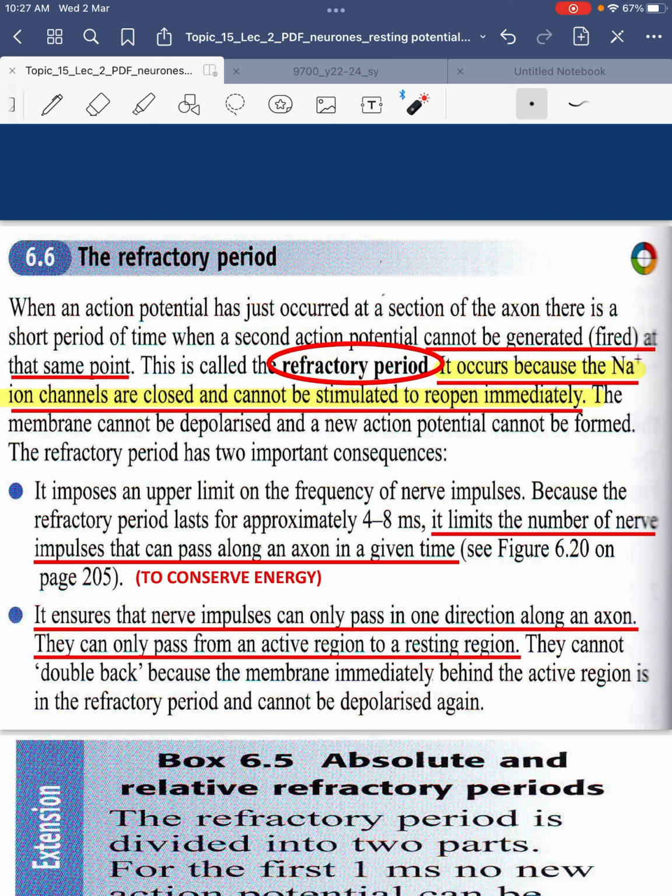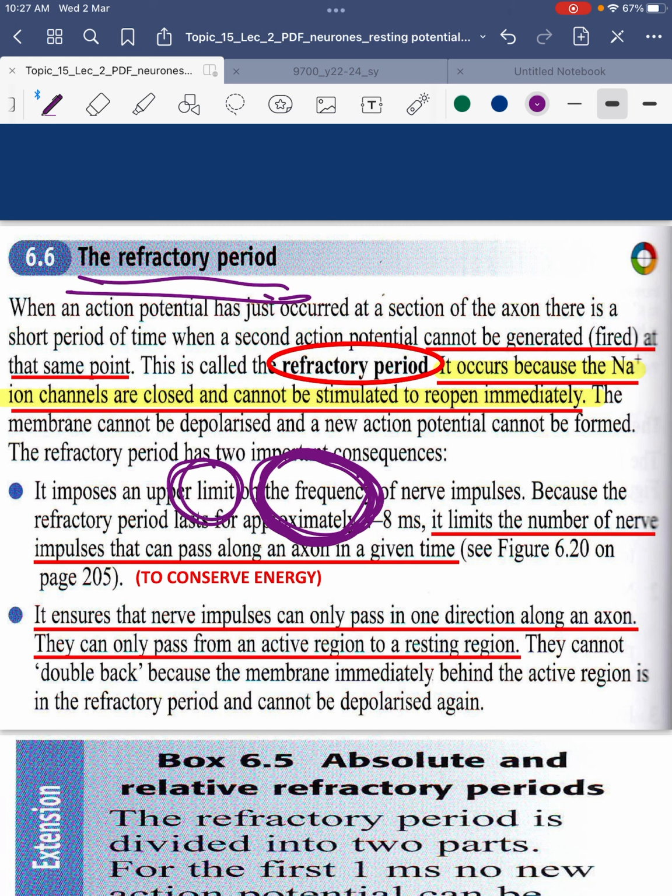Another name for this is frequency. Frequency means number of nerve impulses per unit time, and the refractory period limits that. That's the purpose of the refractory period. And then it only allows one direction, from an active region to a resting region.